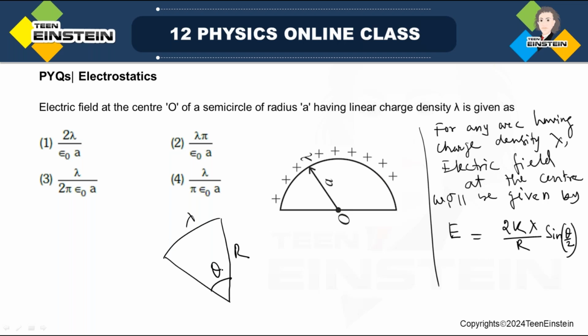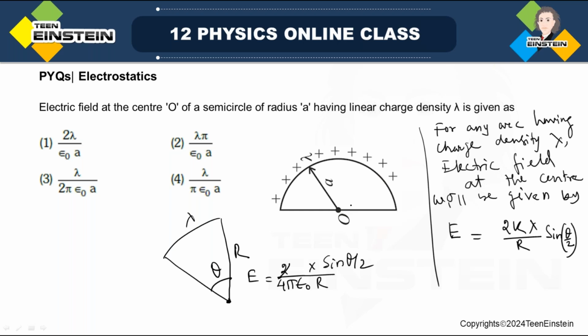Then the electric field at this particular position, this is the center of the arc, will be given by 2 into k, 1 by 4 pi epsilon naught, into r is the radius, and here sine theta by 2. This is the formula, and if you remember this, later you can do many applications of it.